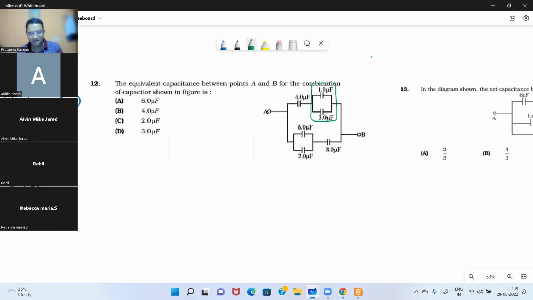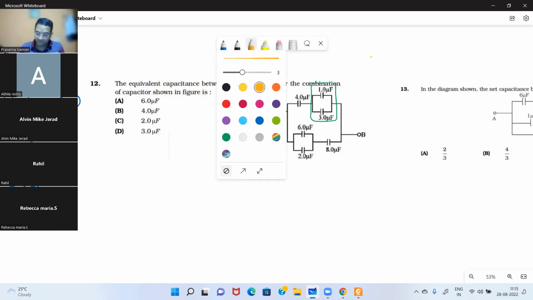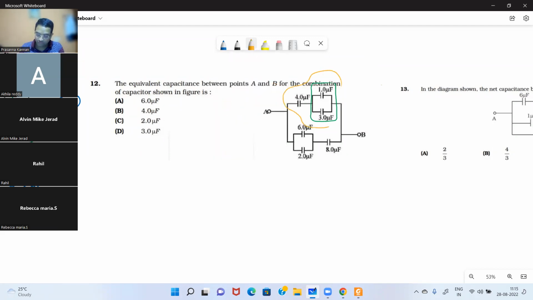Yeah, they both are in parallel. So what will be the effective combination? 4. 4, yes. Then that effective capacitance and this 4 microfarad, what are they in? Series. Yes. 4 microfarad and 4 microfarad in series will give you 2 microfarad.